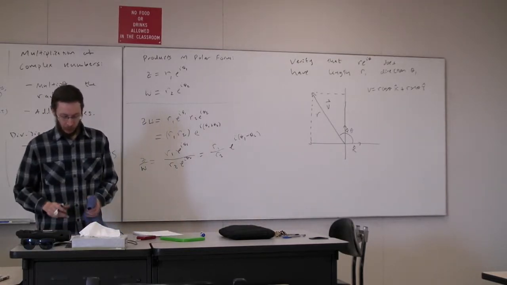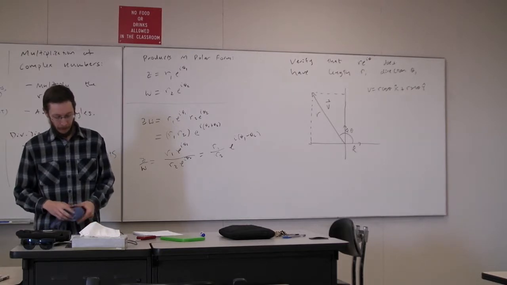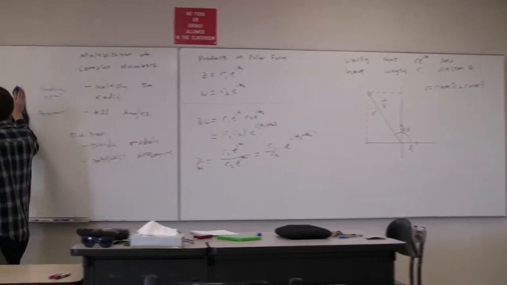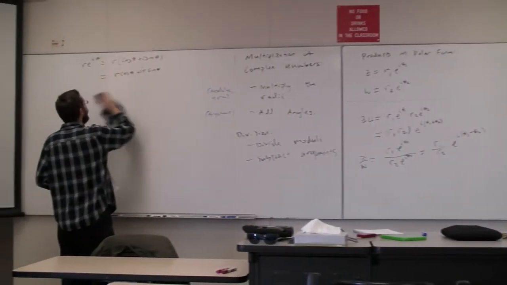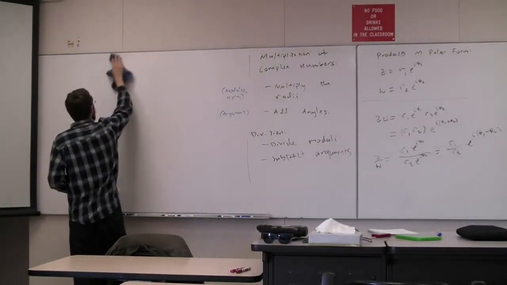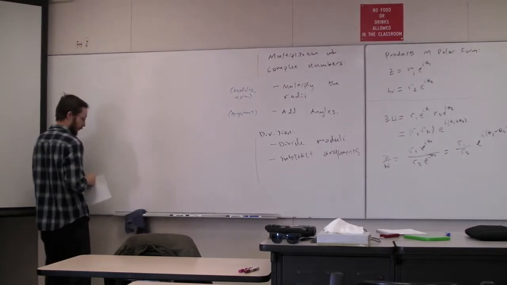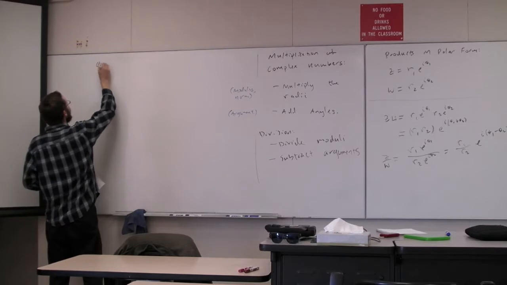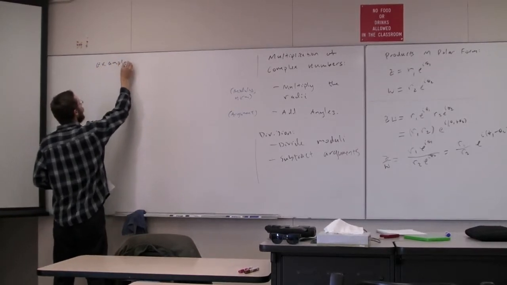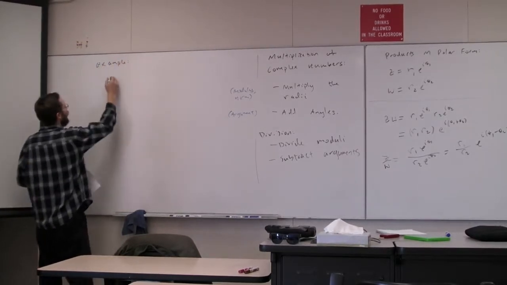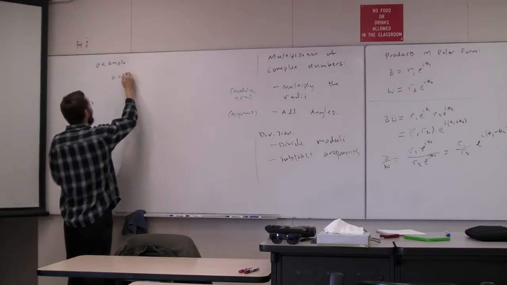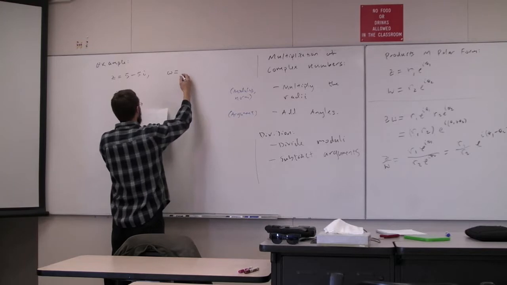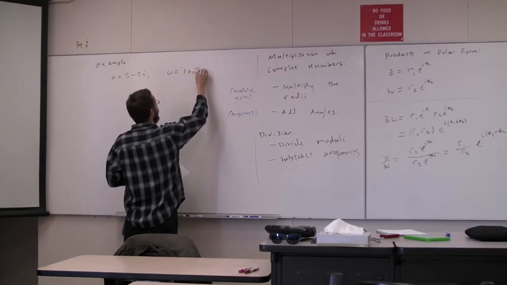So I thought we'd maybe go over a couple of examples. Suppose we have a complex number z equals 5 minus 5i, and w given by 1 plus square root of 3 i.